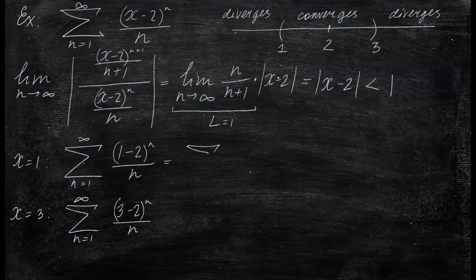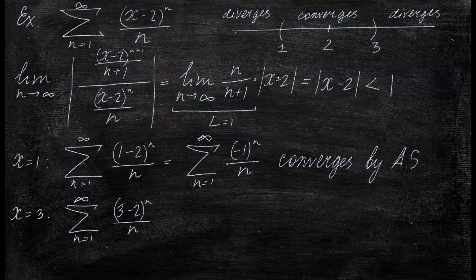And what we see is when x is 1, we get an alternating harmonic series, which we know converges by the alternating series test.